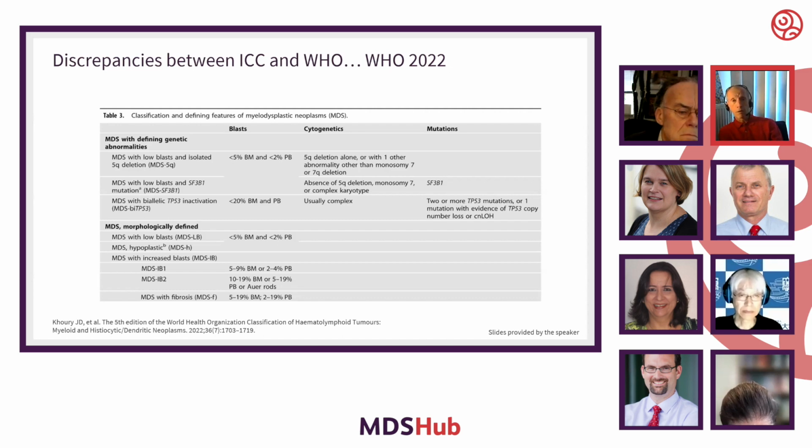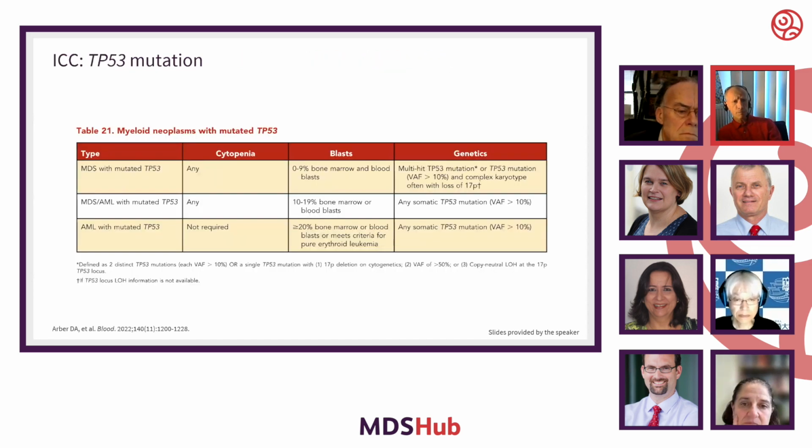And if you can go to the next one. This is now the definition by WHO, which is already different, because now it's 10% at least, and depending on the blast percentage, the TP53 mutation.